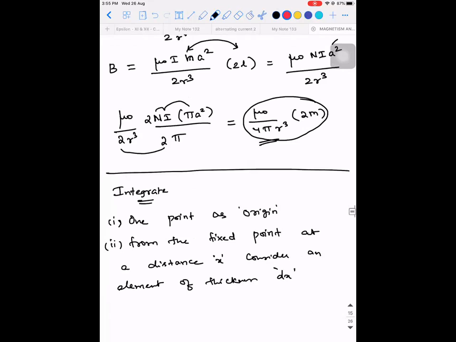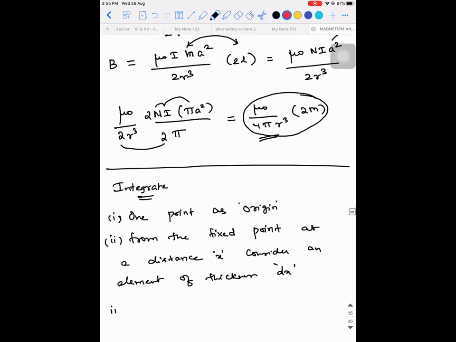Okay, you're able to understand? Yes, sir. So third, you need to frame a mathematical expression. Try to write the required expression for a particular physical quantity. In this case, the physical quantity is the magnetic field.